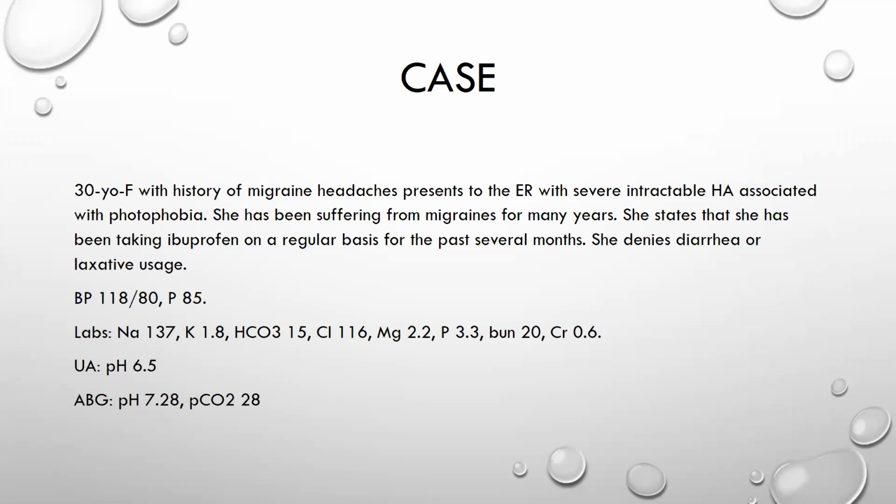Blood pressure is fine, pulse is 85, sodium 137, potassium is 1.8, bicarb is 15, magnesium is fine, BUN and creatinine are normal. Since you're in the ER, everyone checks the UA: pH is 6.5. And that's your ABG to confirm that she indeed has metabolic acidosis.